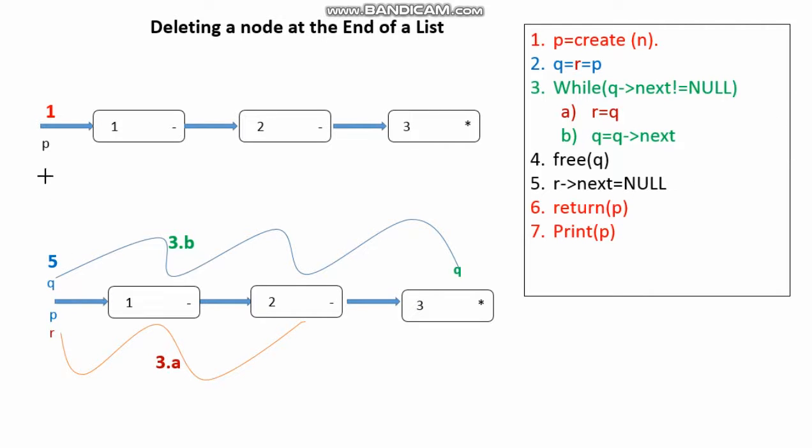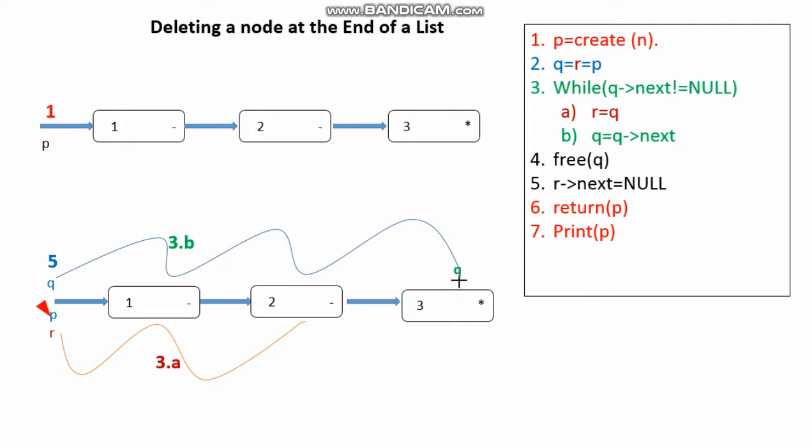Alright, now if I need to traverse, as I know, I need to keep my pointer at the beginning, not to lose track of the start of the list. So I'm going to keep my P, which is my original, always here. So P will remain here. But now in my style of operation, I'm going to move a pointer so that I reach the node that I need to delete.